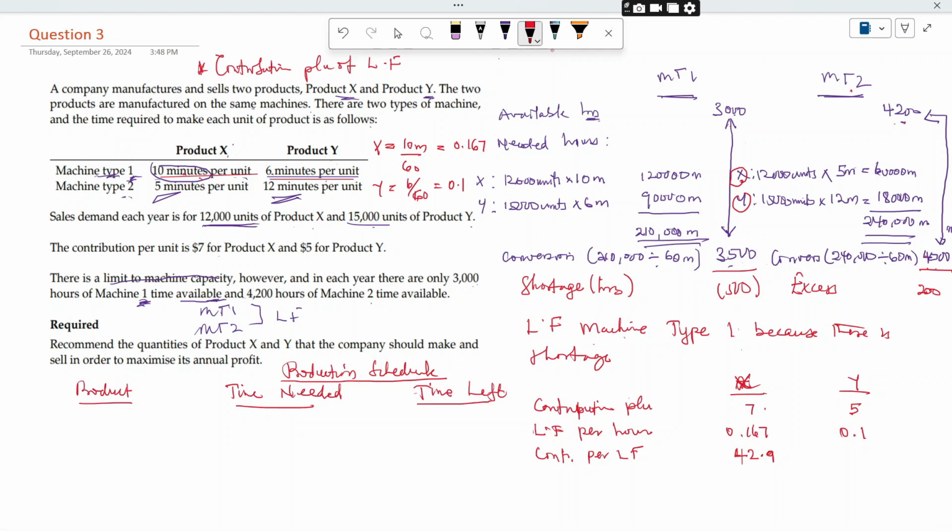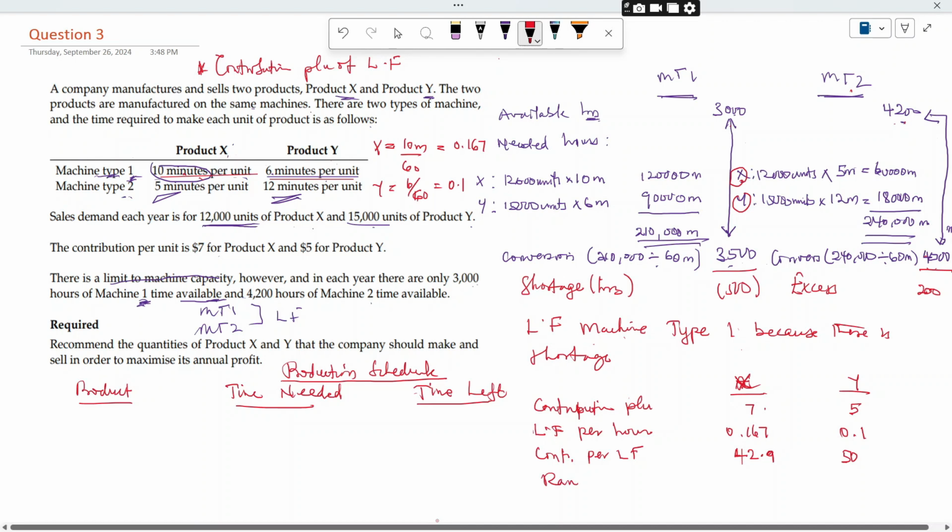Then 5 divided by 0.1 will give us 50. Okay, so we have to rank. Let me write here. Y is the first because that is the highest contribution per unit, which is 50, higher than 42.9. X is the second.